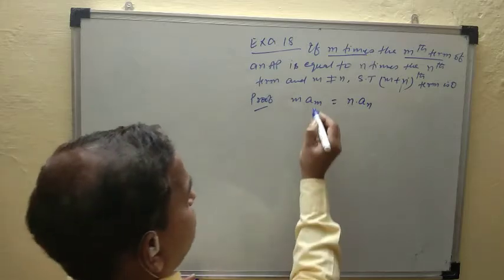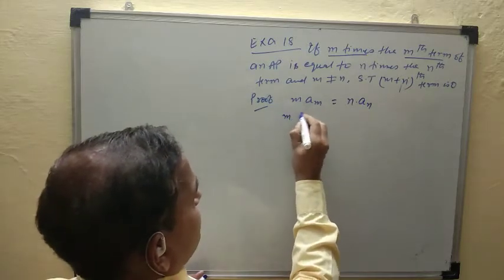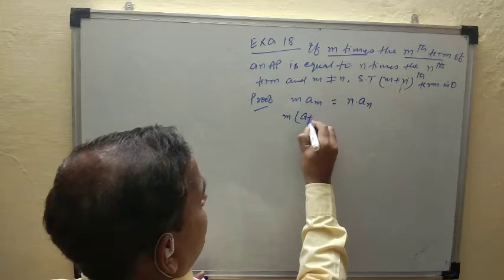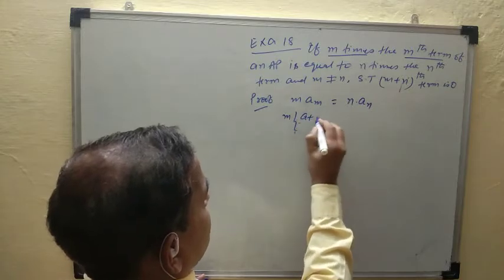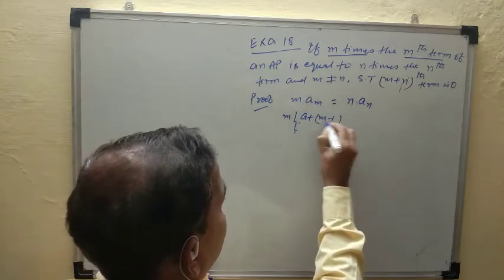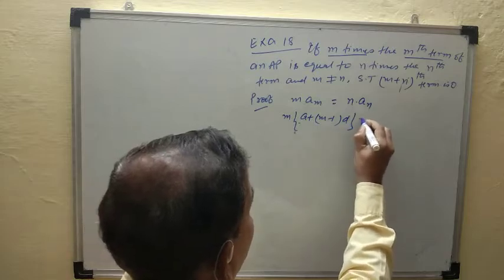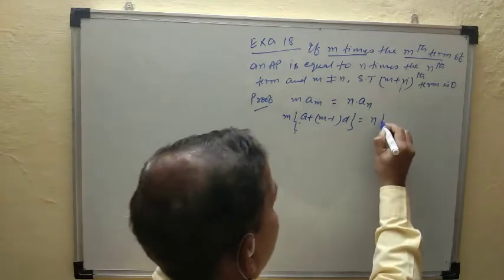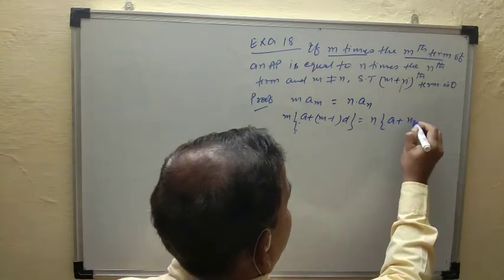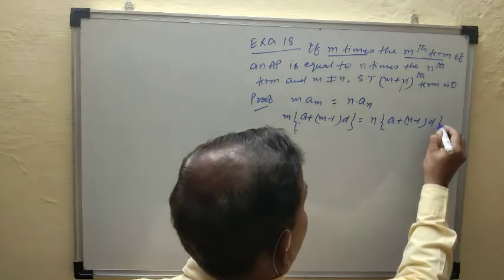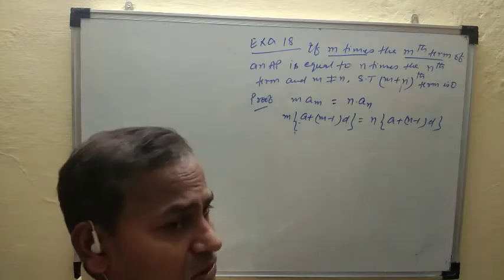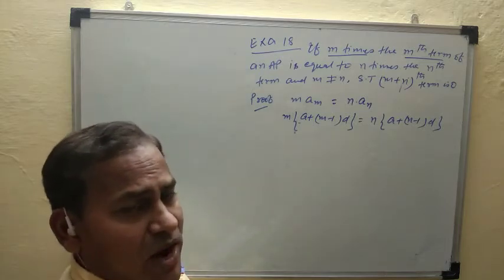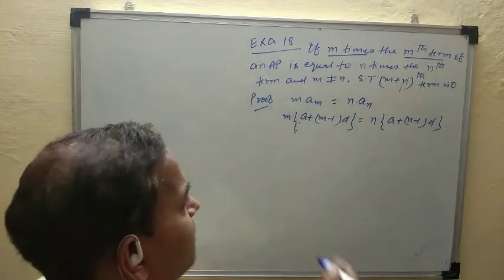Now simplify, put the value of a_m, a plus (m minus 1) into d, and put the value a_n is equal to a plus (n minus 1) into d. Now open the bracket and find the relation between a and d.